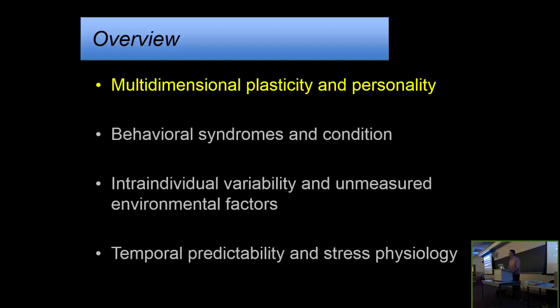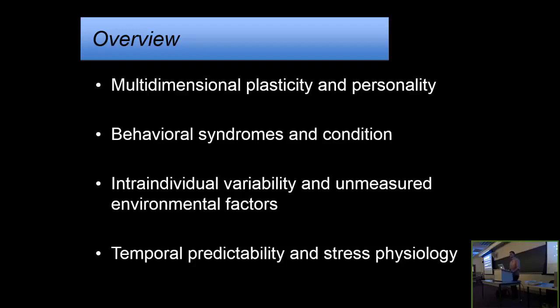talk a little bit about behavioral syndromes and condition, assessing a few models explaining how condition might account for correlations among behaviors. Then talking about intra-individual variability and how unmeasured environmental factors might be contributing to that type of variation.